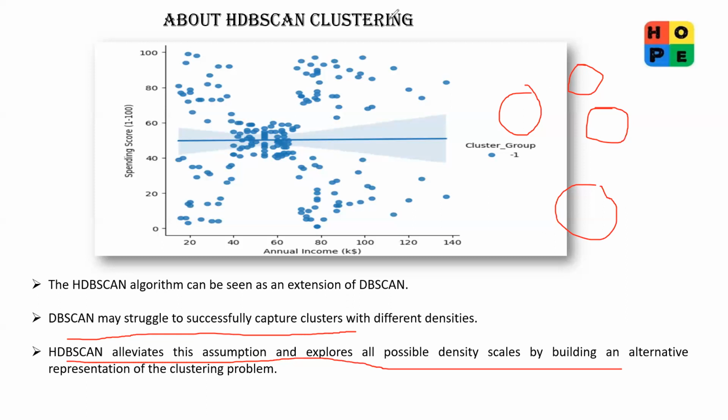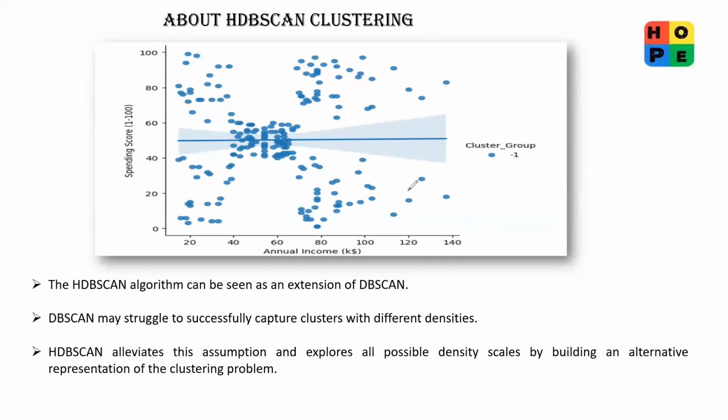To uncover that, we need HDBSCAN, which takes all the combinations and plots a graph. If you look at this graph, it will take all these data points into consideration.